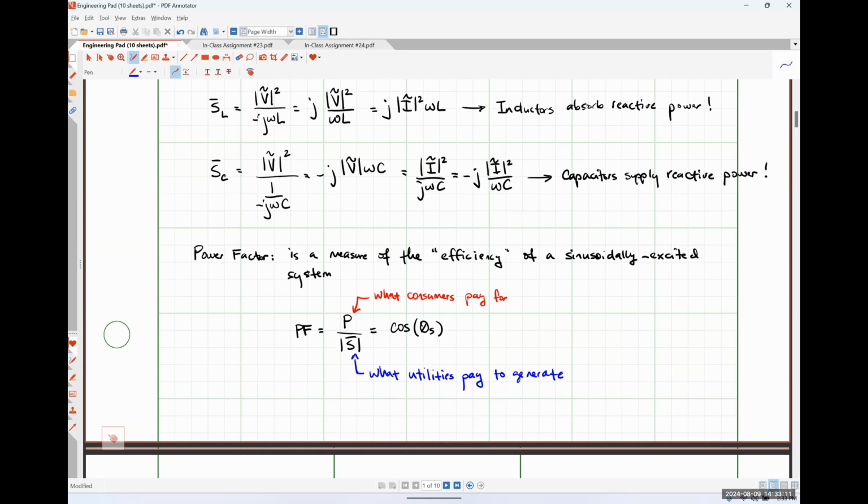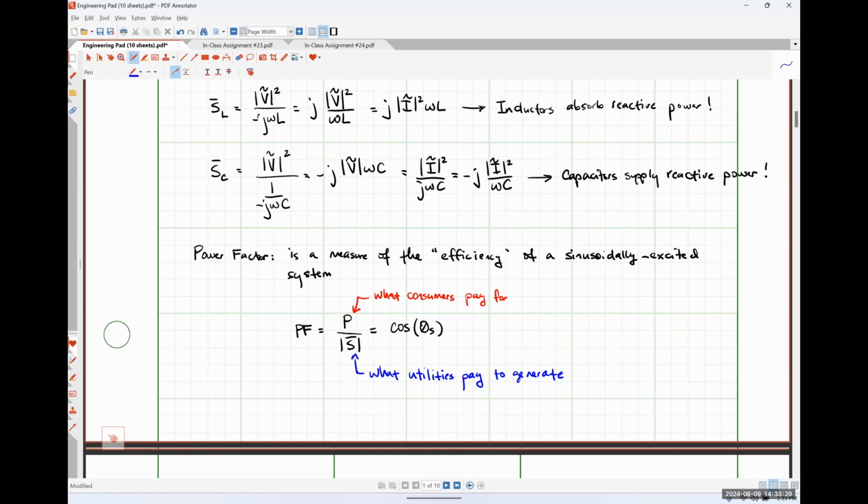The more current that's flowing on those lines, the larger the conductors need to be, and the more money it costs the utility. All of those things right there are related to the reactive power.